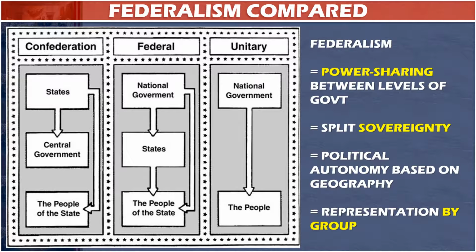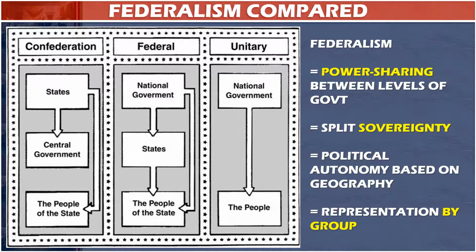So federalism is basically a system of power sharing, which means power does not belong at one level of government, and it's not that power is just given from one part of government to another. You have split sovereignty, which means you have overlapping jurisdictions where New York is in the United States, but also New York has some powers within the borders of the state of New York.